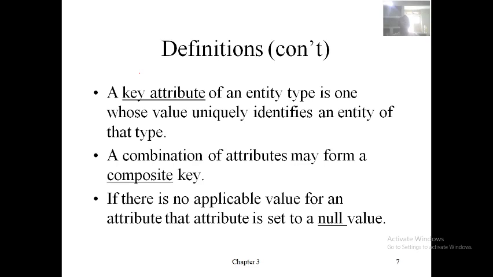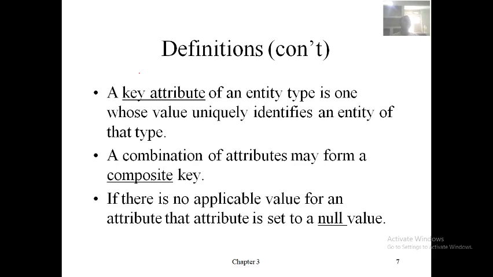If that key attribute is not there, there may be duplicate values. The same row you can insert one more time. I am going to insert roll number 1, name A and semester XYZ, and the same thing I can enter multiple times because there is no key attribute. If you have a key attribute, then it must have a unique record.